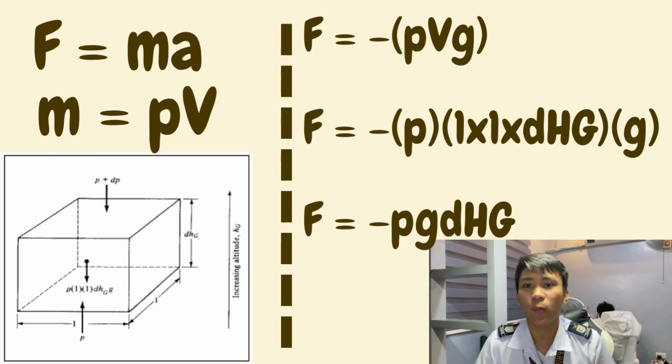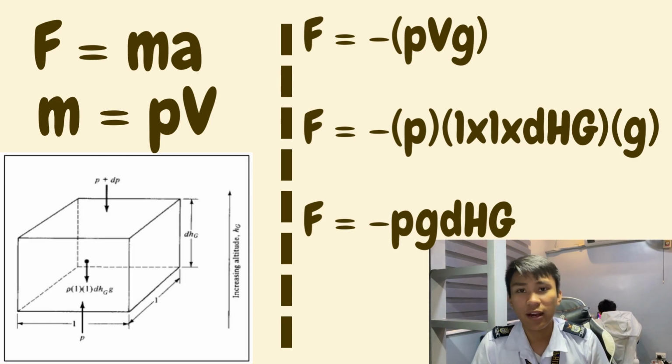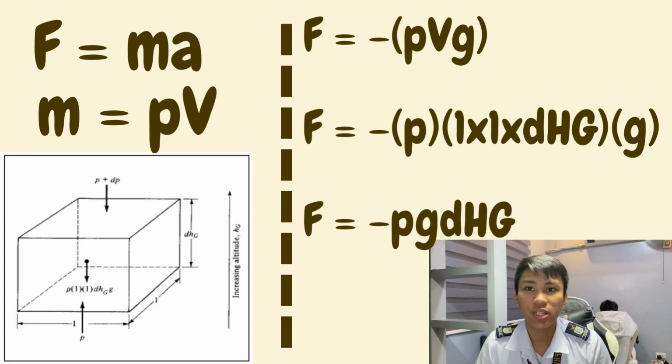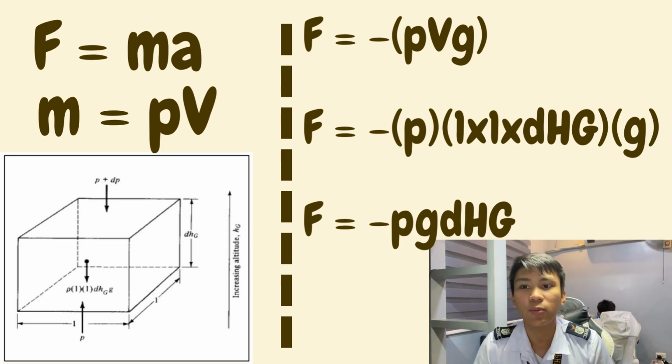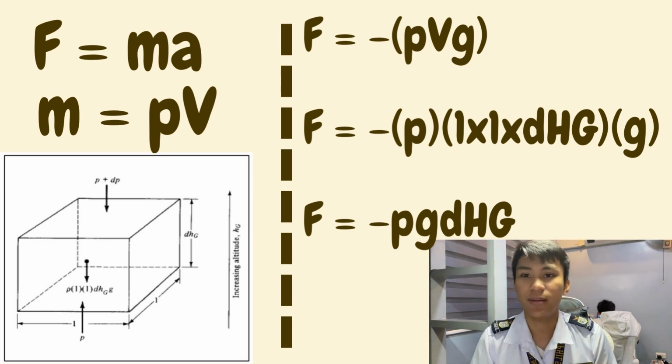Ngayon naman, let us recall the idea of weight. If we talk about weight, the force is equal to mass times acceleration, and mass is equal to density times volume. Therefore, our force will be equal to the mass, which is density times volume, whereas yung volume natin ay 1 times 1 times dHg na nandun sa figure. And the acceleration that we will consider would be the pull of gravity, or yung g.